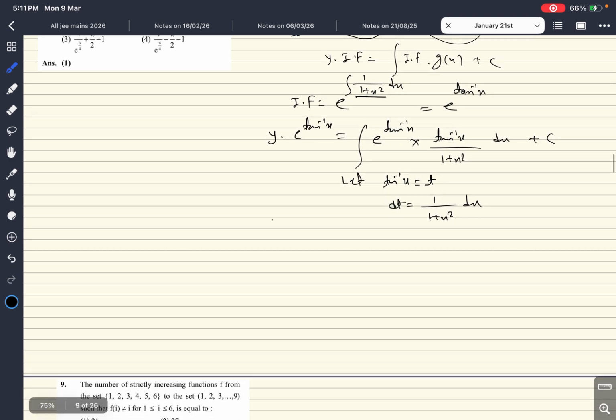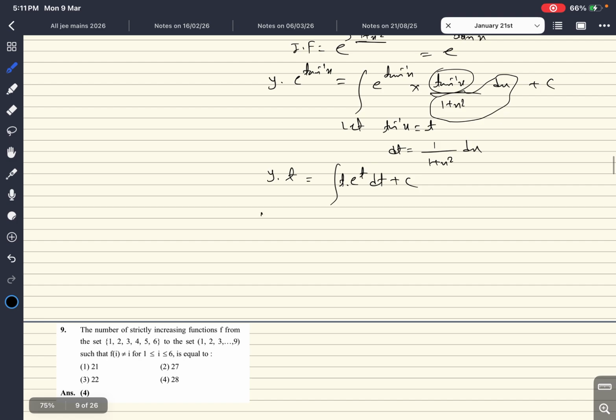Just replace the thing: y into e power t, this becomes dt, this becomes t, so t into e power t dt plus c. Correct. So now I just simplify, use the formula here directly. Okay, integration by parts.